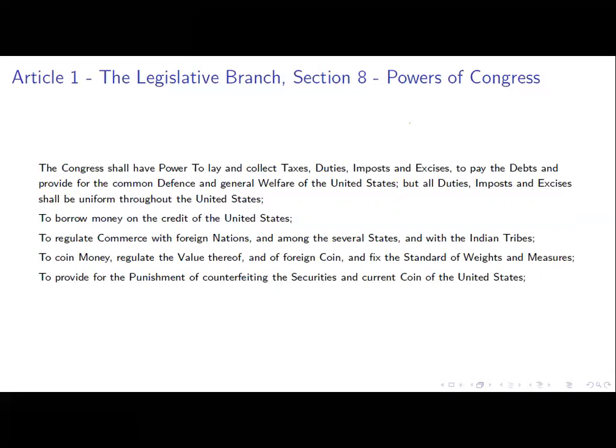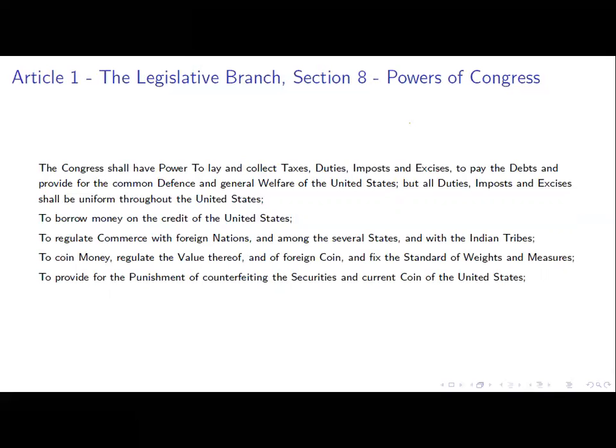Congress has the sole authority to borrow money on the credit of the United States, to regulate commerce with foreign nations and among the several states and Indian tribes. And then here's another phrase that's worth remembering. They have the power to coin money, regulate the value thereof and of foreign coins, and fix the standards of weights and measures.